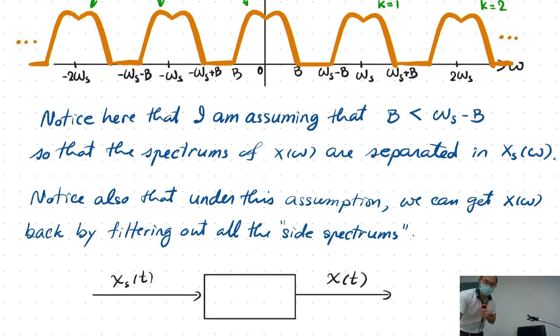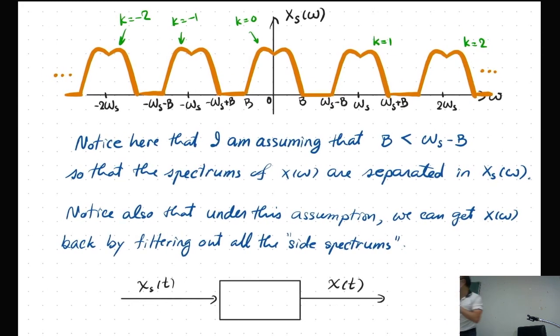You've seen it before. The property of this box is to retain this portion of the spectrum while rejecting all of the higher frequencies. It would have to retain the low frequency spectrum, right? And reject all the higher frequency spectrums. So this box is a low pass filter. It is actually an ideal low pass filter, right?